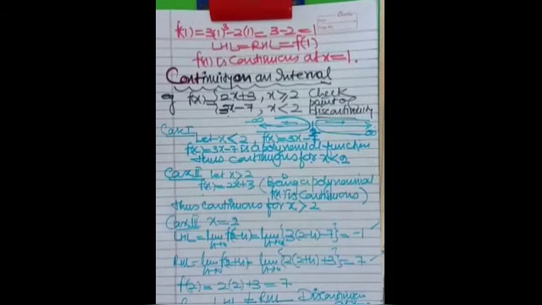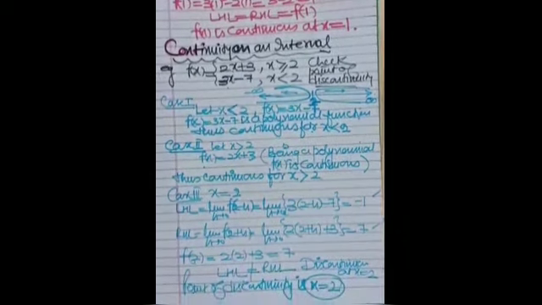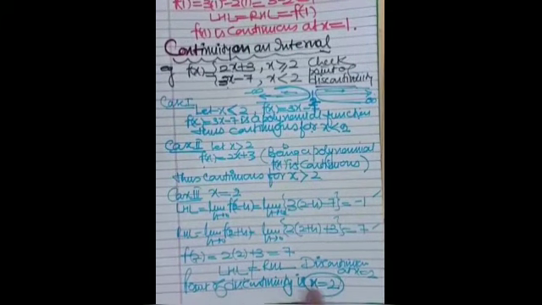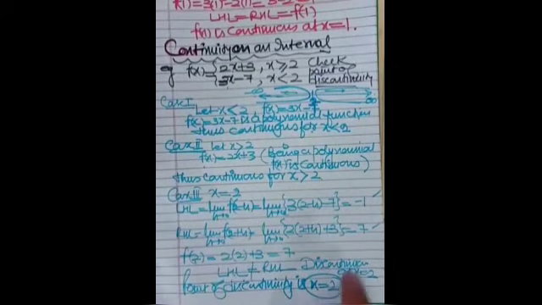Means इस point पर x equal to 2 पर function टूटा हुआ है, there is a break in the function. Understood? This is the way. At this point, your discontinuity is here. Your point of discontinuity is 2. 2 is the point where the curve has a break.